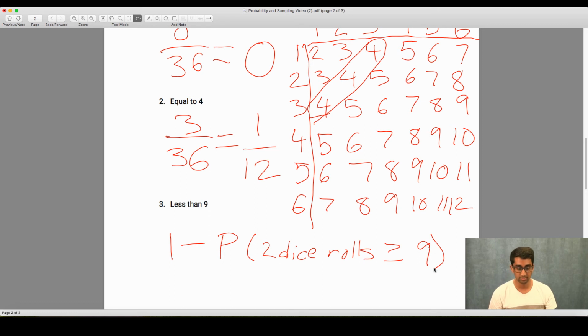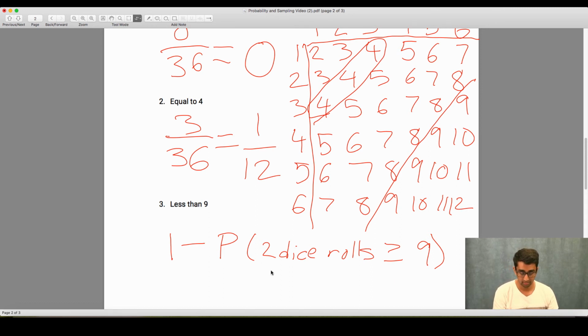As we remember, this is the opposite of 2 dice rolls being less than 9. And this is a lot easier to find. If we cross out this part, we just have to count the number of 9s, 10s, 11s, and 12s, which is a lot easier than counting 2, 3, 4, 5, 6, 7, and 8.